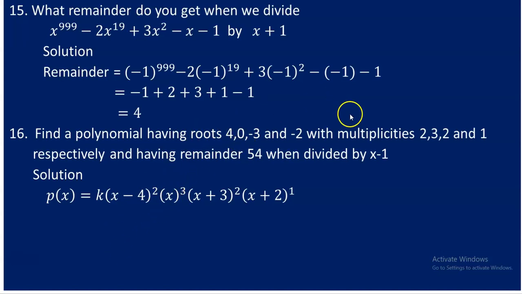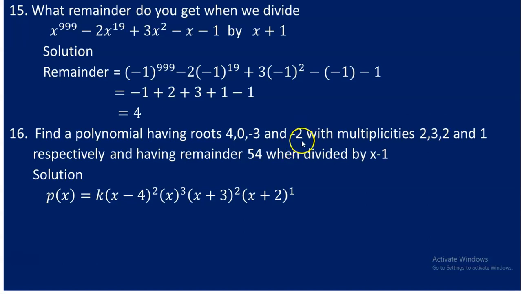And again, for this, we have been told that 3 is its what? Multiplicity, so you need to have 3 here. Here also, minus 3 is one of its roots, so x minus (minus 3), which actually is x plus 3, is a factor. And for this, again, you have been told that 2 is its multiplicity, so you need to take the exponent 2 here because of this multiplicity.